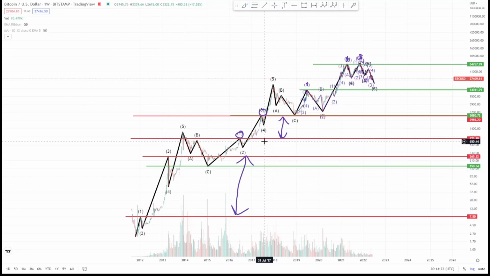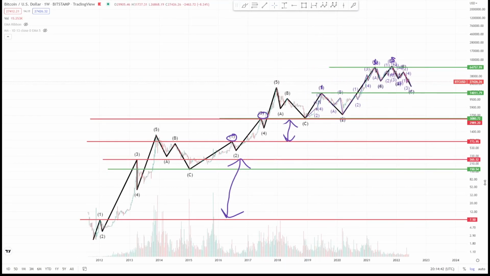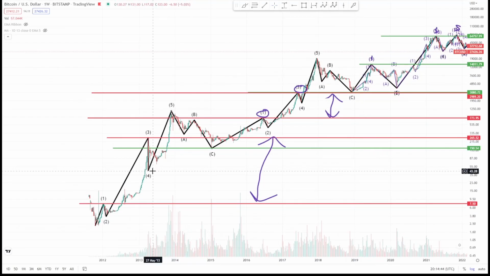So in both market cycles, we bottomed at a very, very close valuation to the three wave. In the first market cycle, we capitulated below the three wave, and we bottomed very, very close to the three wave. We didn't even make it down to the four wave. We made it absolutely nowhere near the one wave. So what we can say from the first market structure is we held both the one wave and the four wave, and we were close to the three wave.